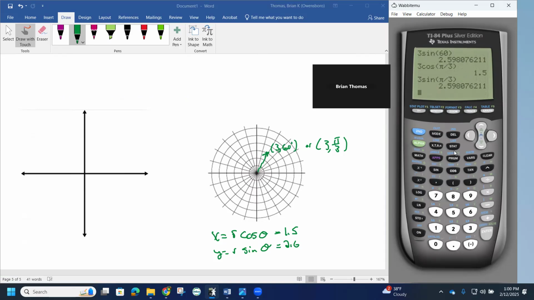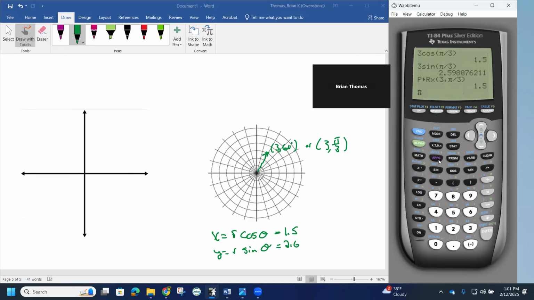Now, the same way for using the calculator. Right now, notice that I'm in the radian mode. So if I go to second angle, if I want to change polar to rectangular, so polar, this will find the x-coordinate. So I can put the 3 in, comma, and I can put the pi over 3 in because I'm in the radian mode. And it should give me the 1.5.